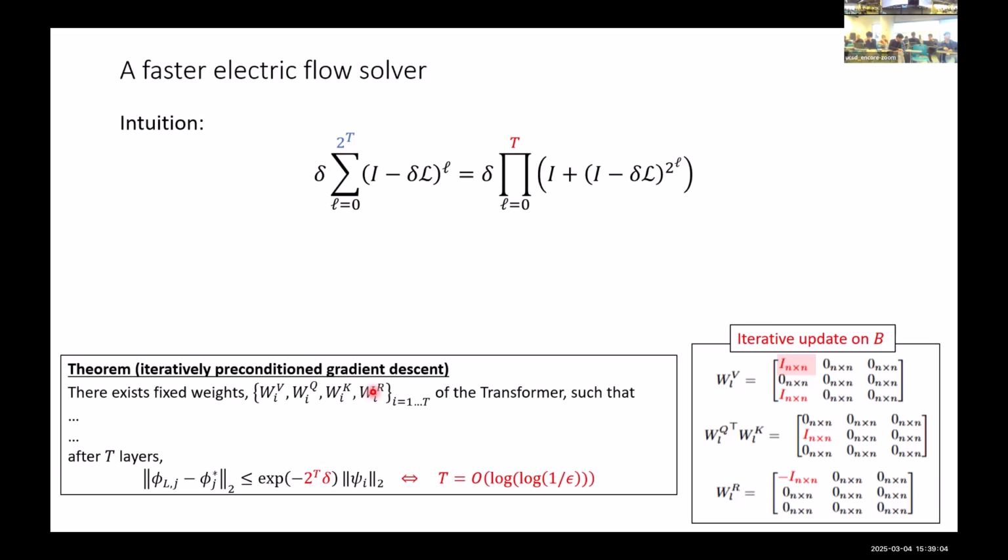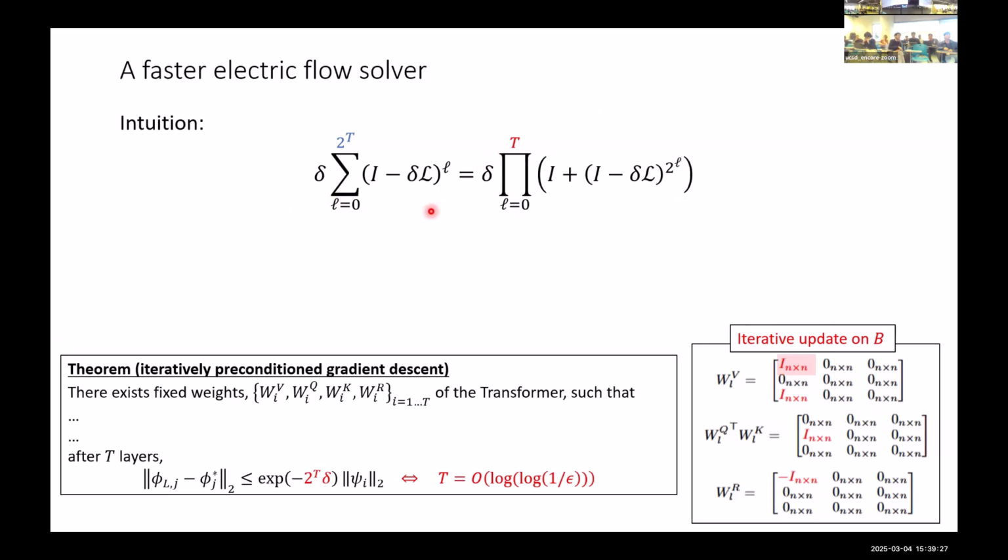On the left, we have this Taylor series expansion up to the power of t terms, and every step of gradient descent basically corresponds to one additional term in this sum. On the right, we have a different kind of expansion.